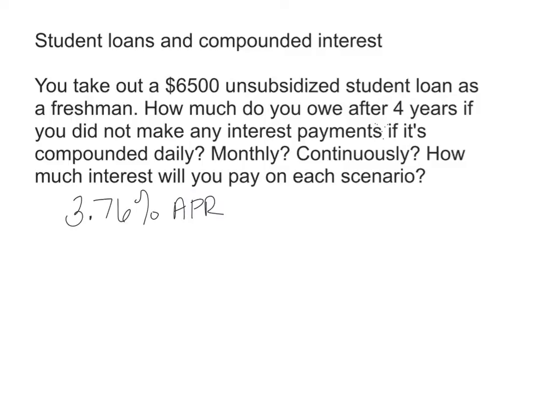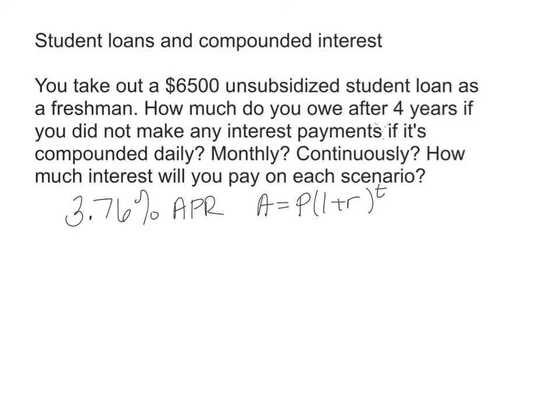So we're going to start with our general formula for interest. The amount in your account is your principal, the amount of money you started with, times 1 plus your interest rate to the t, where your interest rate must be changed to decimals.